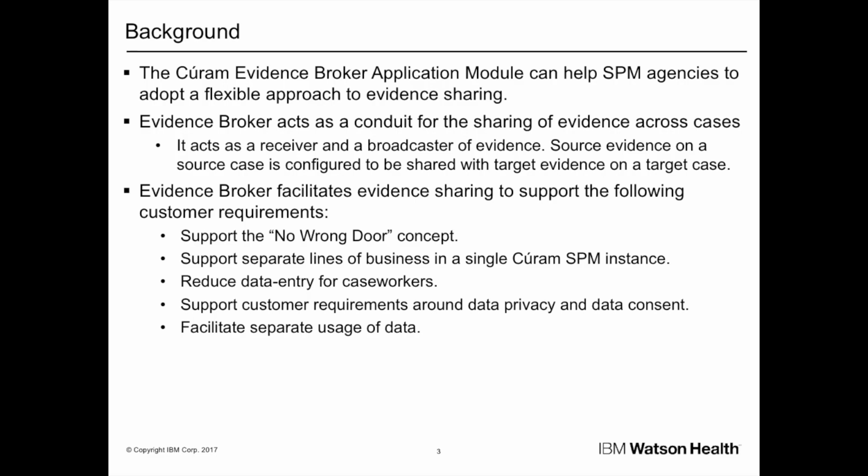Evidence sharing requires that some separation of evidence used across multiple programs can be maintained. In version 702, the Evidence Broker has been redesigned to provide a more advanced and seamless sharing process. The following slides illustrate these changes through as-is and 2B scenarios so that you can understand the benefit to agencies.